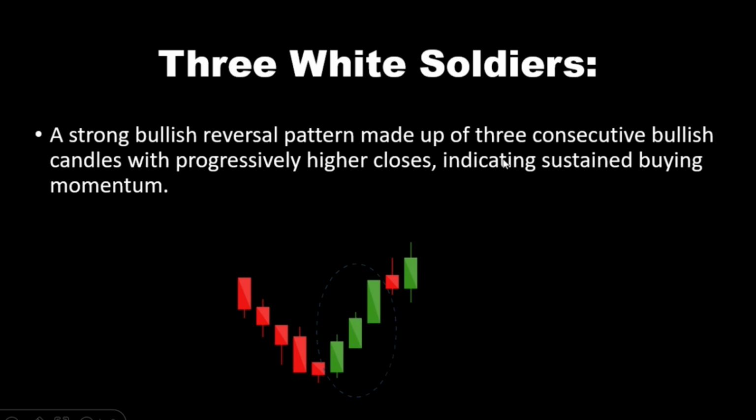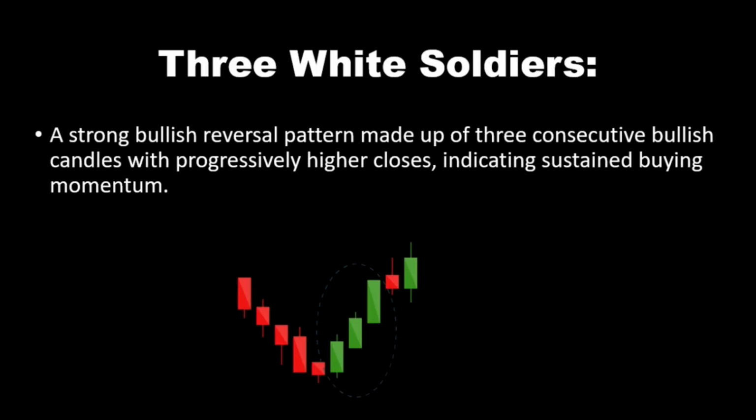What I want you to understand is that each opening must close above. There are 3, but each one is higher. That's why it's called 3 white soldiers. Once you see this, you know that the market has sustained its bullish movement.